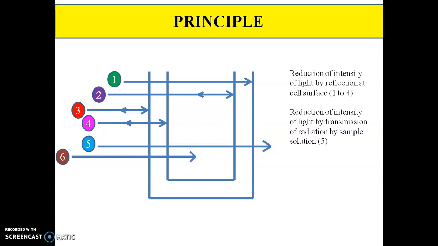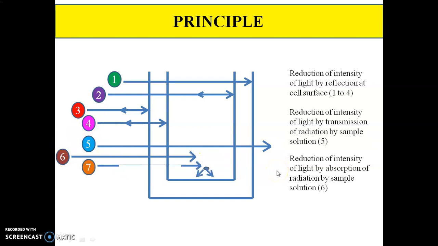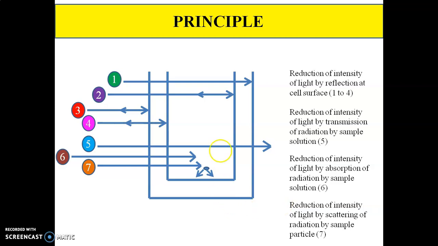Reduction of the intensity of light may also occur by absorption of the radiations by the sample solution, arrow number 6, and it also occurs by the scattering of the radiations by the sample particles which are present in the solution, which is indicated by the arrow 7 here.